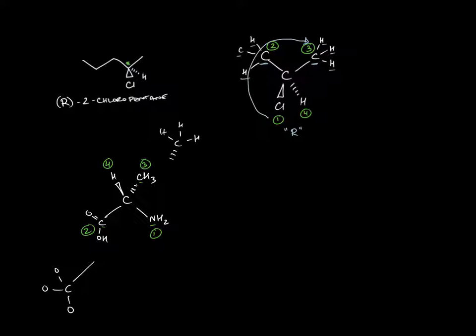All right, so as a little trick, we could rotate this around, but if perchance your number 4 is coming straight out at you, you can assume that you're basically looking at this from the wrong direction. So we want our hydrogen to be going away, but if our hydrogen is coming towards us, you know that basically it's completely reversed.